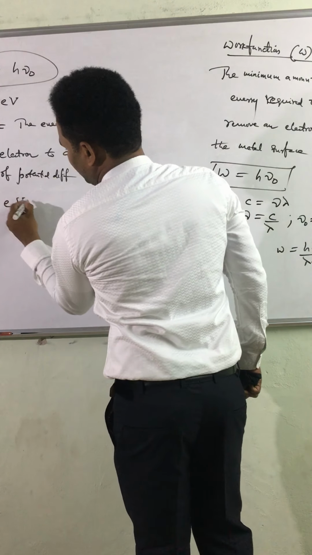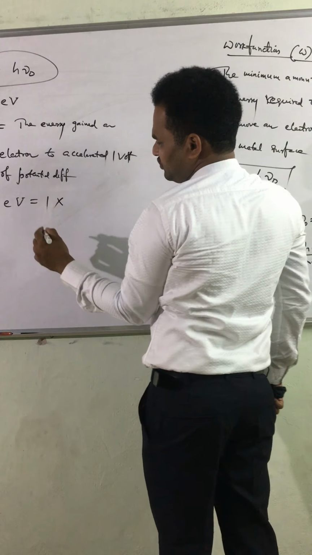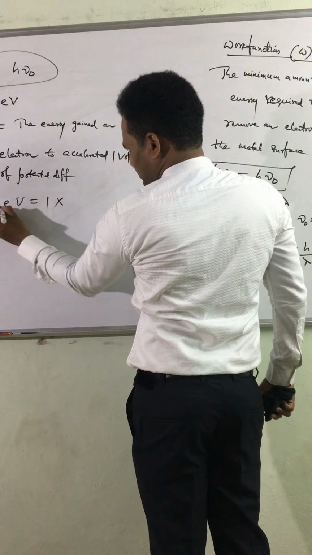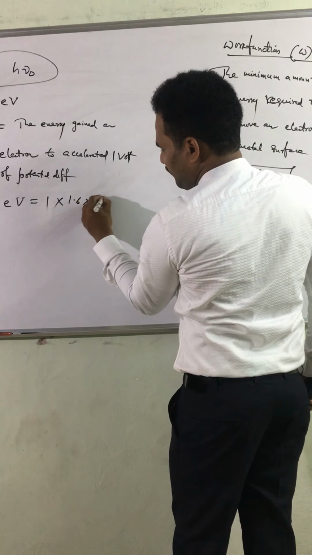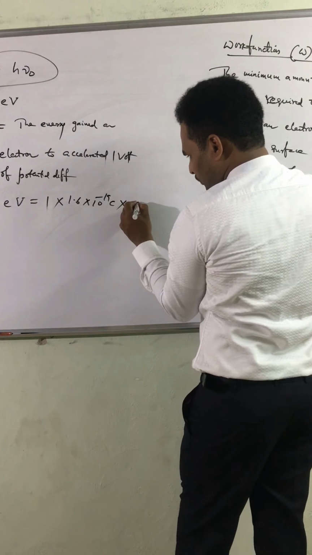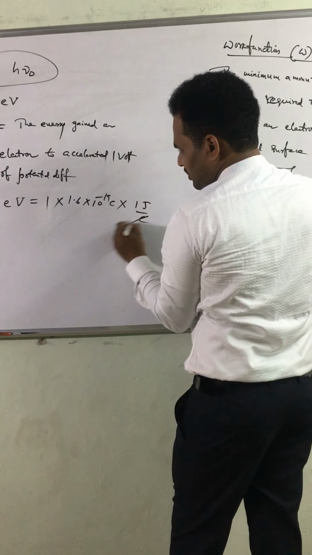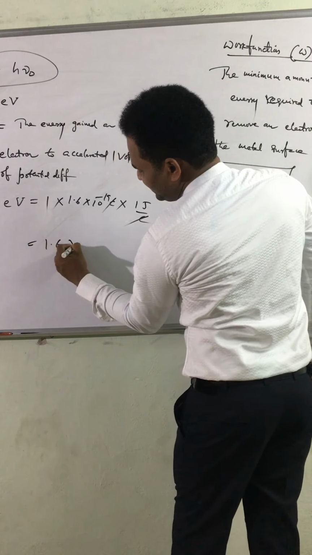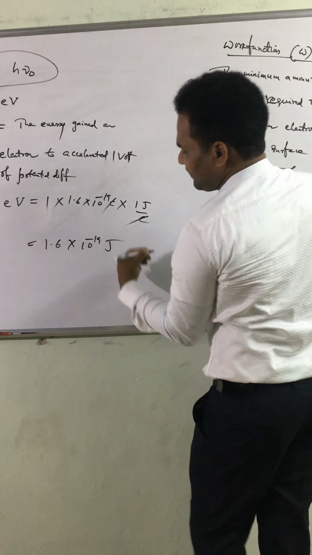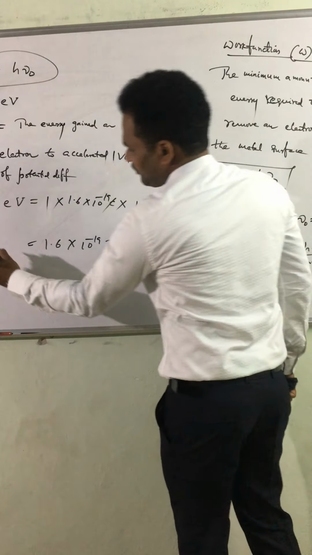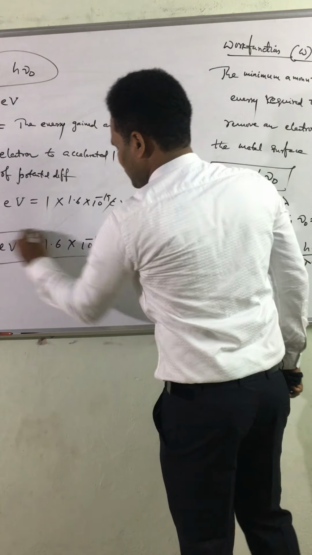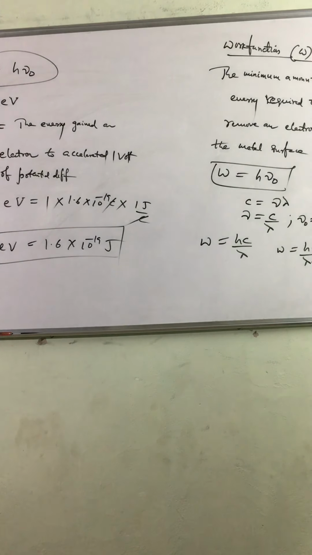So 1 eV is equal to 1 times the electron charge, 1.6 times 10 to the power of minus 19 coulomb, times 1 volt, which is 1 joule by coulomb. Coulomb cancels. So 1 electron volt is equal to 1.6 times 10 to the power of minus 19 joule.